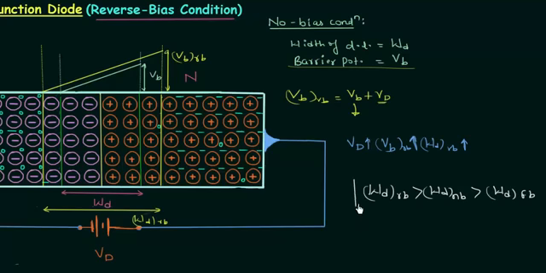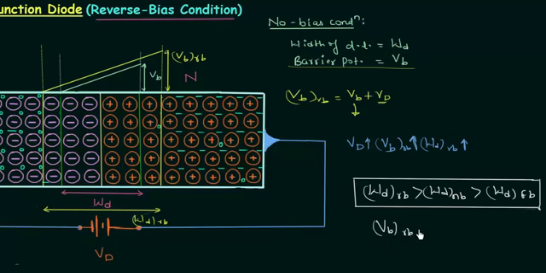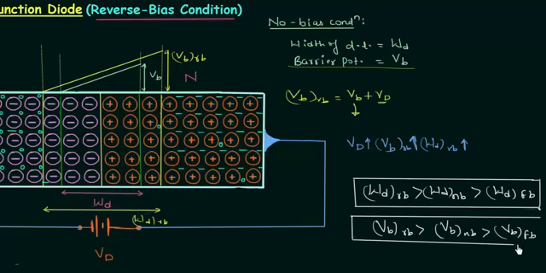So this is important, and we will do the same thing for the barrier potential. The barrier potential for reverse bias condition is maximum. Then we have barrier potential for no bias condition, and the barrier potential for forward bias condition is minimum. So these are the 2 points that you must remember in PN junction diodes.